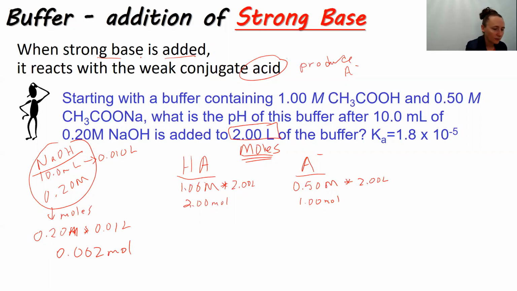All right, so the strong base, when it's added, it reacts with the conjugate acid, and it's going to make the conjugate base.